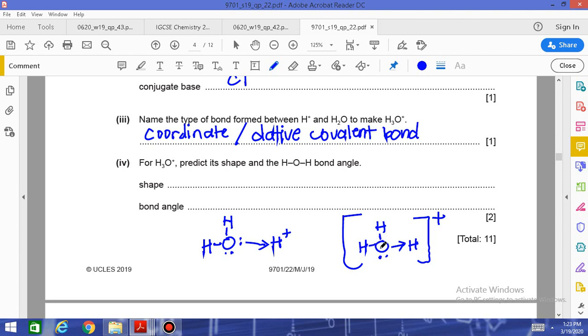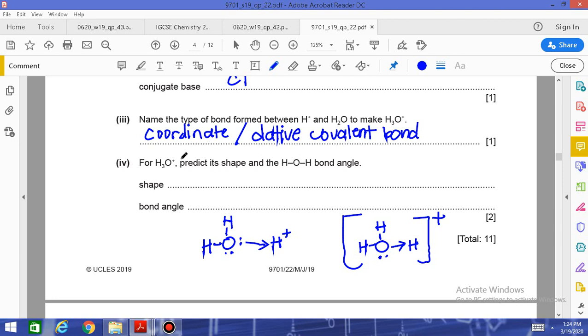But for a coordinate or dative covalent bond, one of the atoms donates a lone pair of electrons to the other atom, and in this case the oxygen atom doesn't use any electron from hydrogen. That's a coordinate or dative covalent bond.